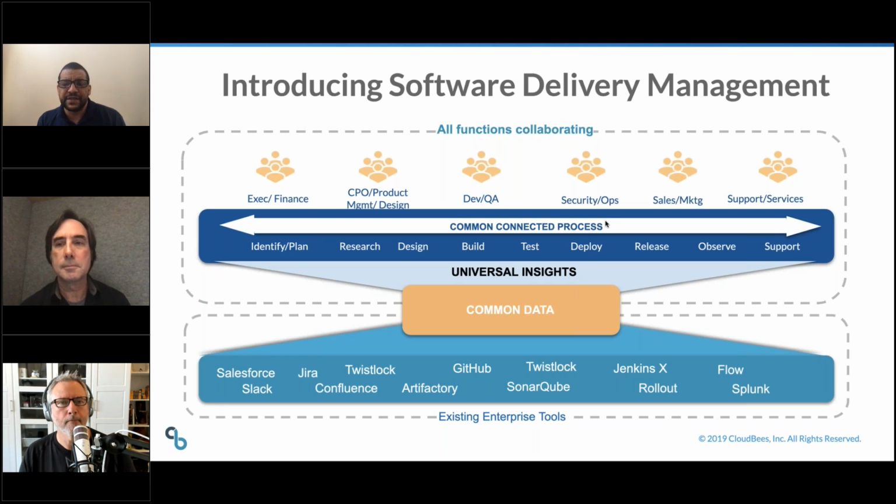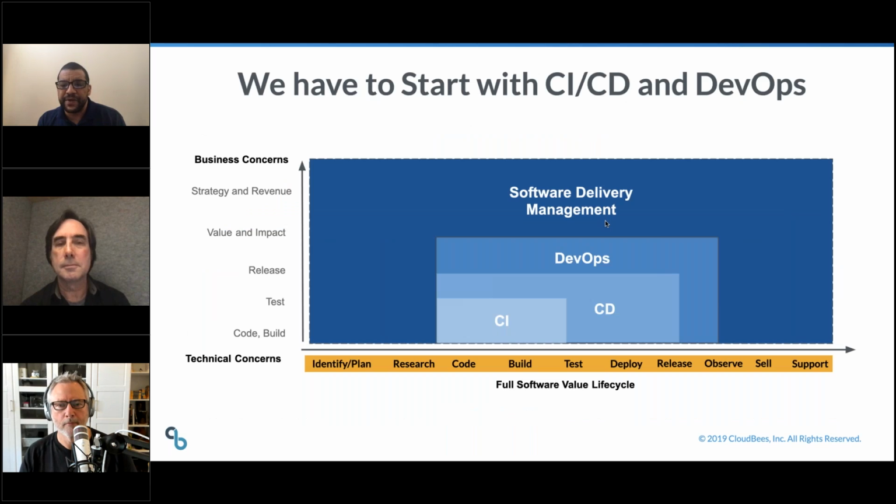Now, what we're realizing is if we want to get here, and if we can advance to the next slide, that we actually have to build the foundation first, right? And what that means is, like those DORA elite performers, we have to work to shore up and improve at our continuous integration, continuous delivery, and DevOps practices, right?